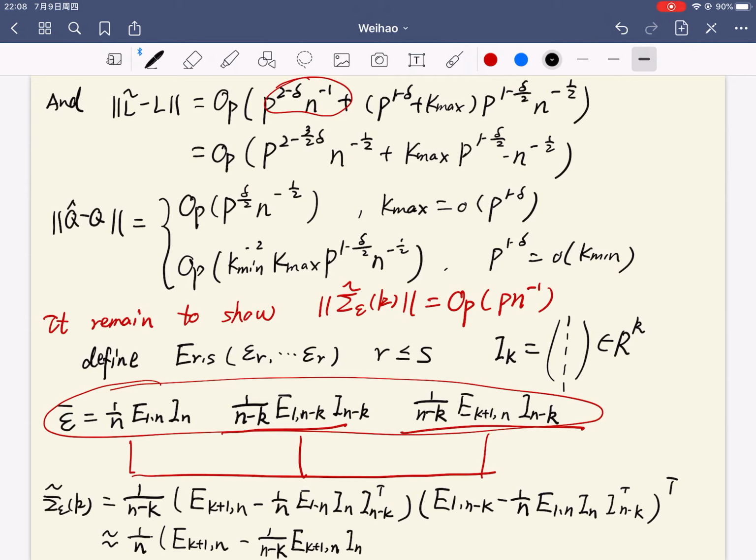This change will not affect our rate of convergence, because you can directly calculate the rate of convergence and find that the first line and the second line give the rate of convergence just up to some constant.